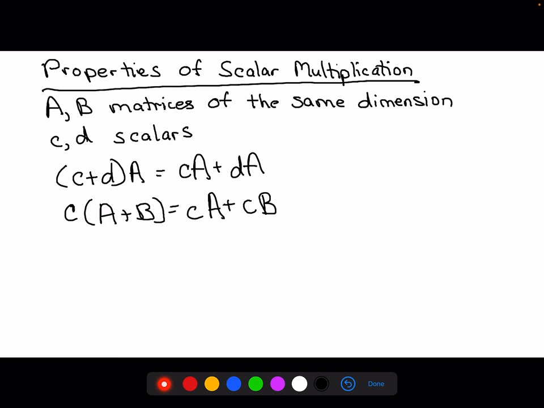Multiplication has a similar thing. If you have scalar times matrix A times another scalar, you can change the order around a little bit.